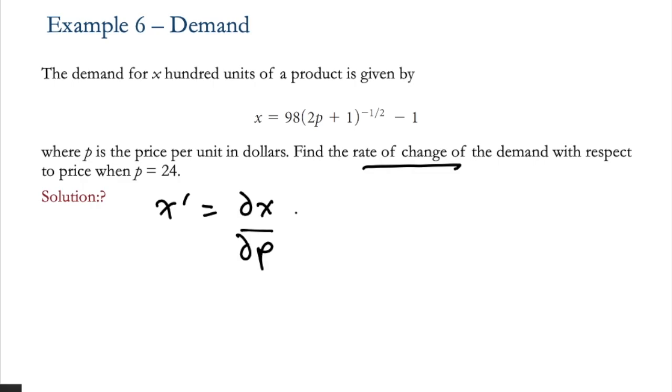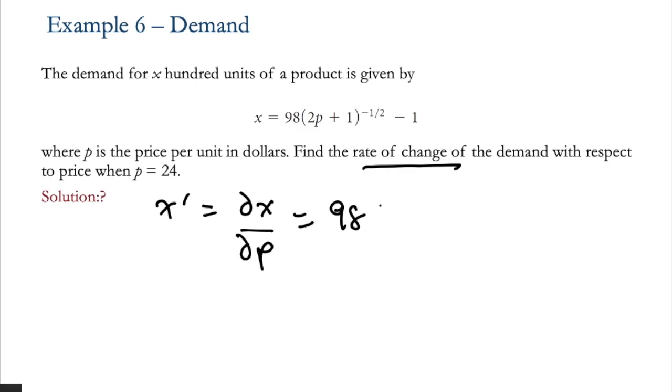Now, because this one here has a power and you still have a variable here, you can use the chain rule, specifically the power rule for chain rule. Okay, now let's do it one by one. So 98 is a constant, leave it just like that.